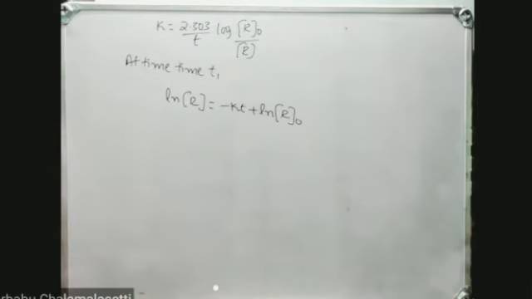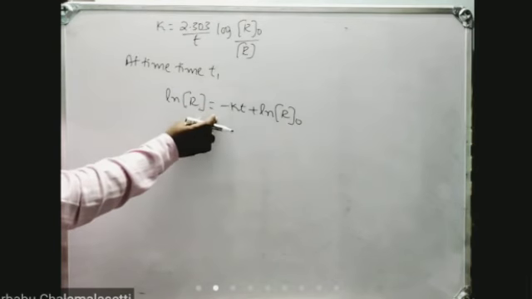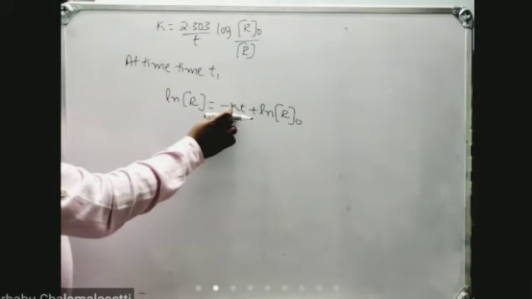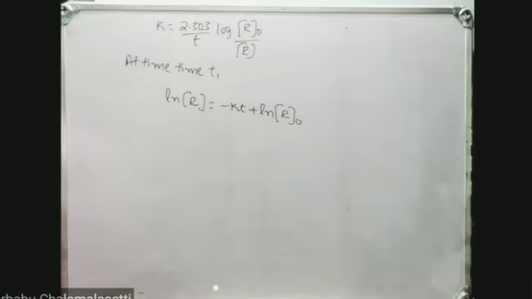From this we draw y is equal to mx plus c. With this equation, we are going to calculate the rate constant when the concentrations at two different times are given.